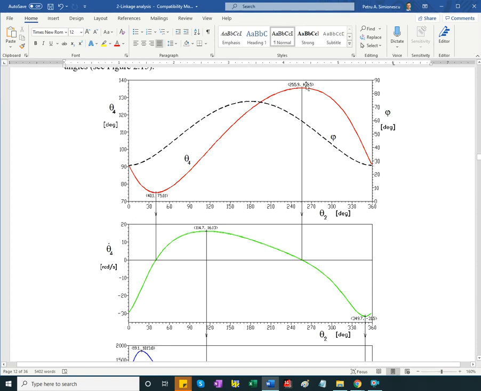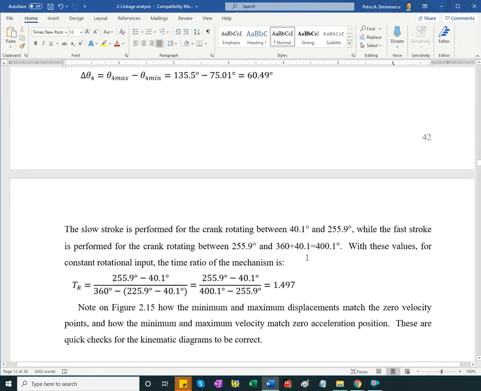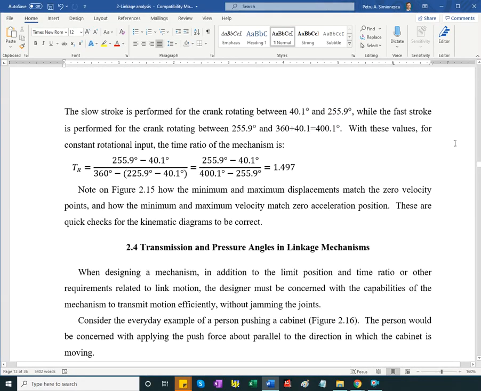As for the angular stroke, as is the case here, you just take the difference between the maximum and minimum. Okay, so I'm stopping here. I'm going to pause this, and we'll continue in a separate recording on transmission and pressure angles.